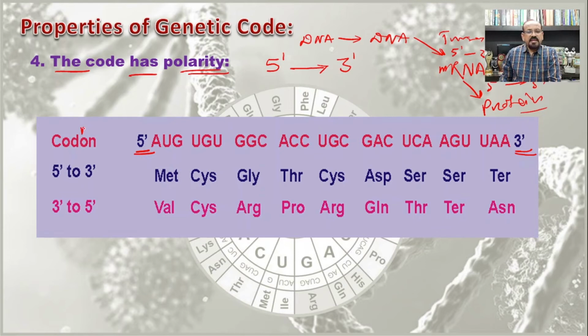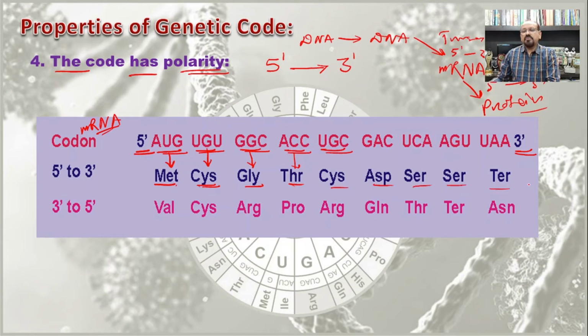Say for example, if there is an mRNA having the sequence AUG, UGU, then GGC, ACC, then UGC, etc. Then AUG will be responsible for methionine, then UGU for cysteine, then GGC for glycine. So in this way there will be the synthesis, or specification, of different amino acids if it is read in a 5' to 3' direction.